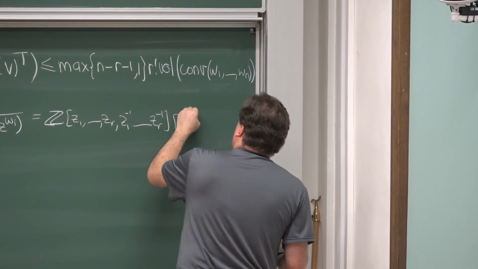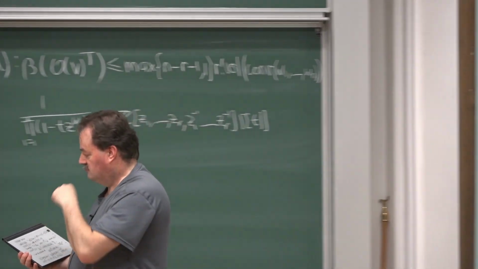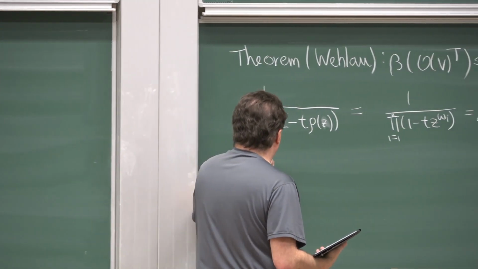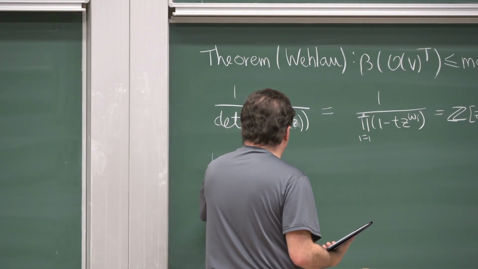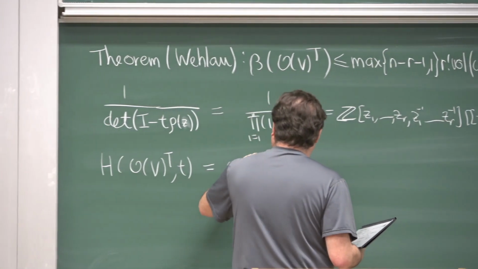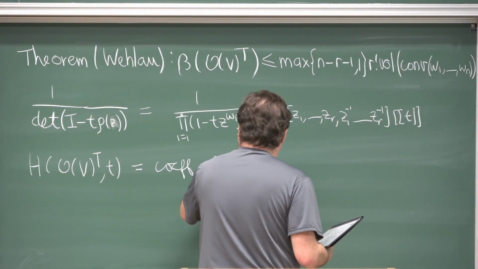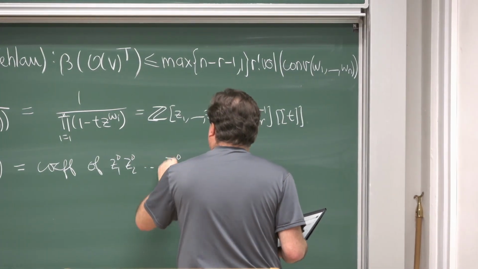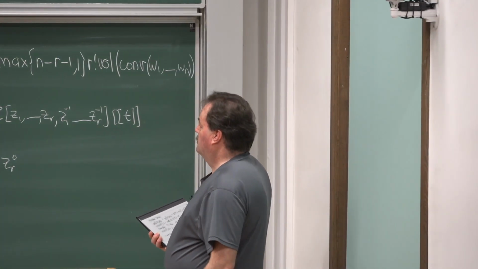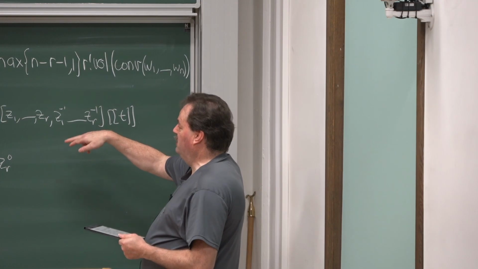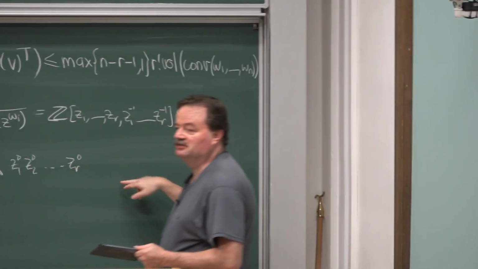And then the Hilbert series of the invariant ring is just the coefficient of z1 to the power 0, z2 to the power 0, zr to the power 0. So you have this series, and now you have to pick the constant coefficient.